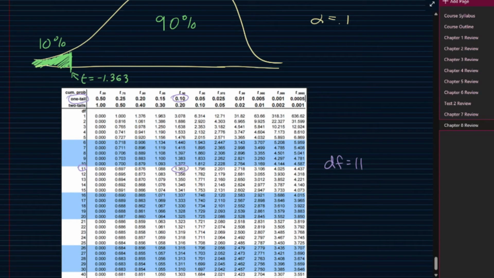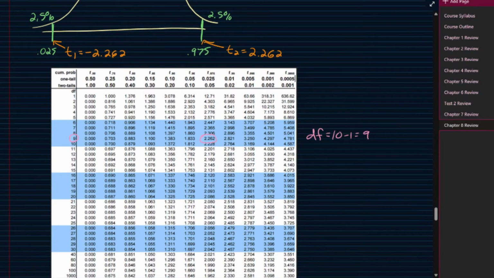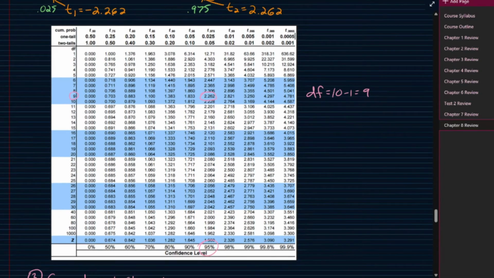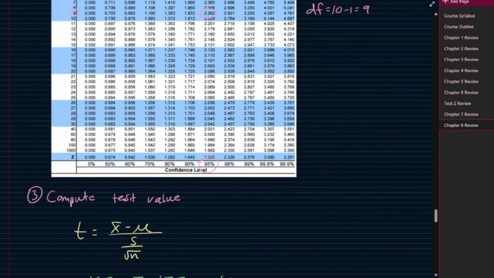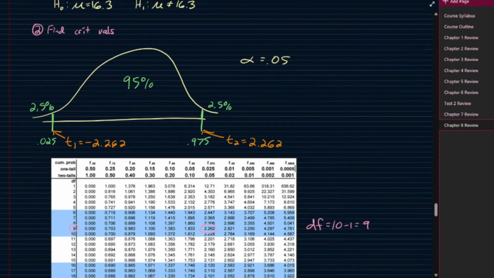Let me just go back to the last one real quick. The two-tail lines up with the confidence interval at the bottom. Not for the one-tail, though. So I guess to be safe, just always use the top column. For two-tail, use this one and line it up with the right column.